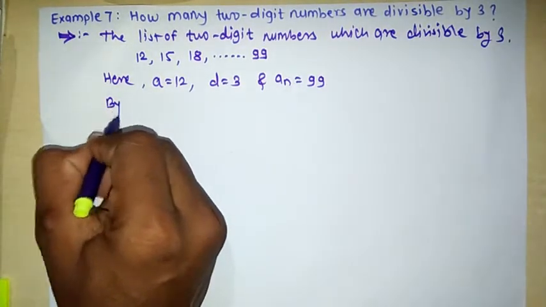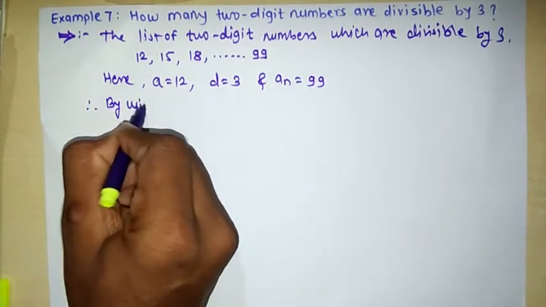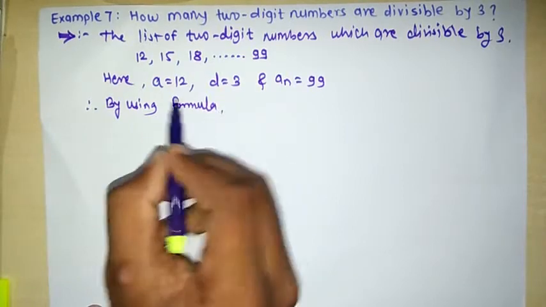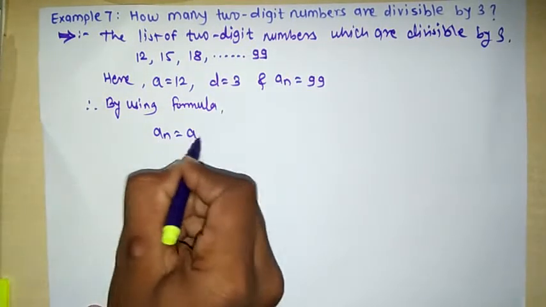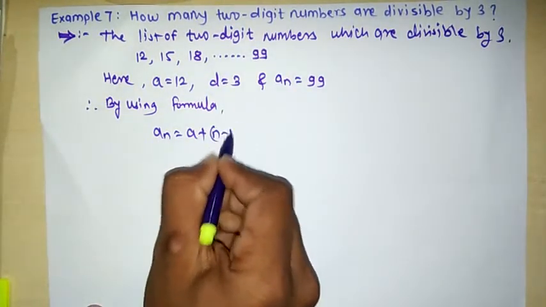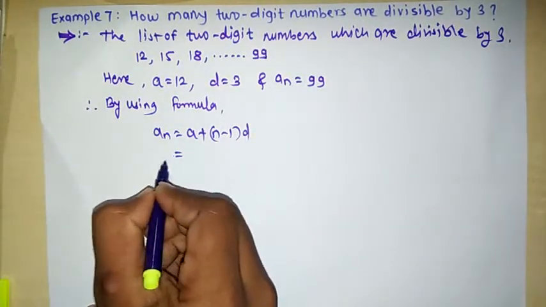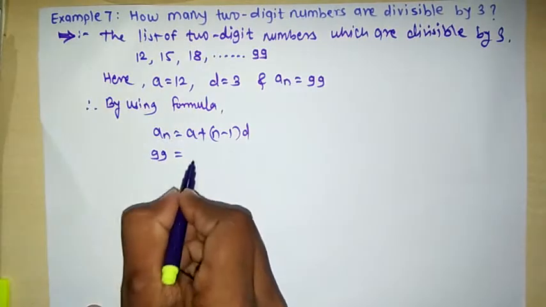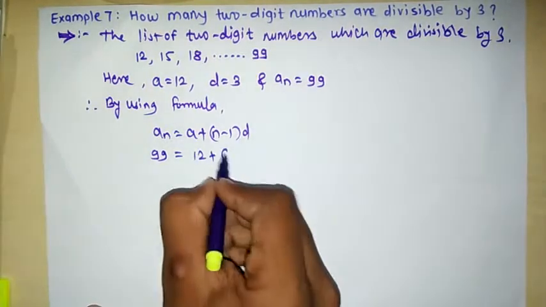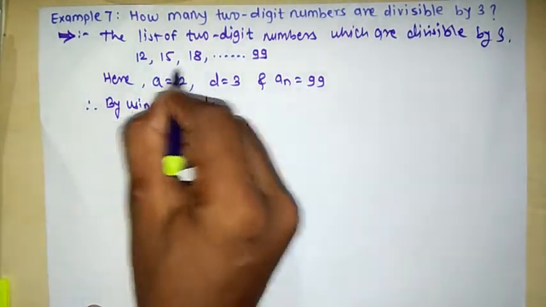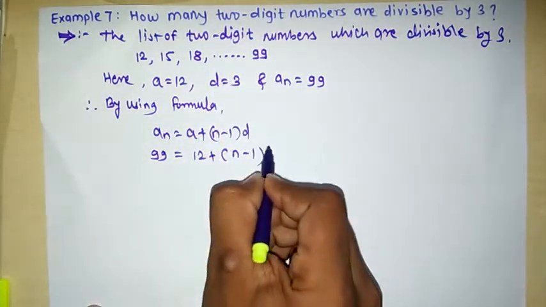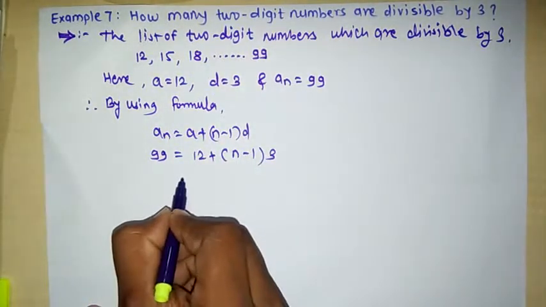By using the formula, AN is equal to A plus N minus 1 into D. Here the value of AN is 99. The first term is 12 plus N minus 1, we don't know N, that is what we have to find, the number of terms, into D, and D is 3.